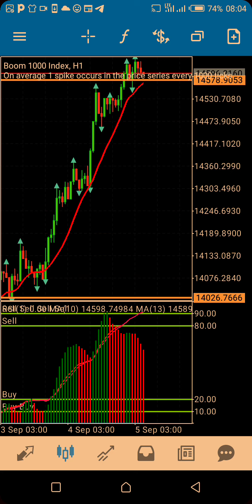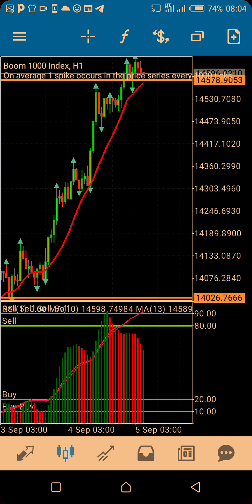When I also go to M1, it is also showing me that it is an uptrend. So having identified that this market is in an uptrend, it shows that those who are in control, those who are in power, are buyers. Buyers are the ones who have been in control.